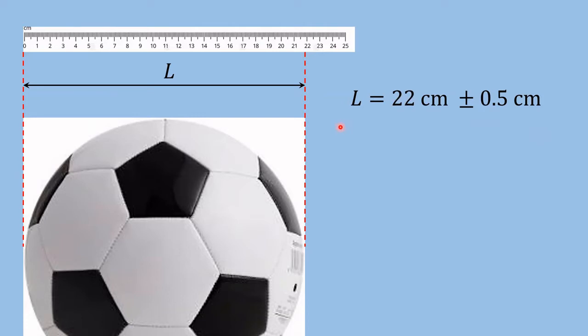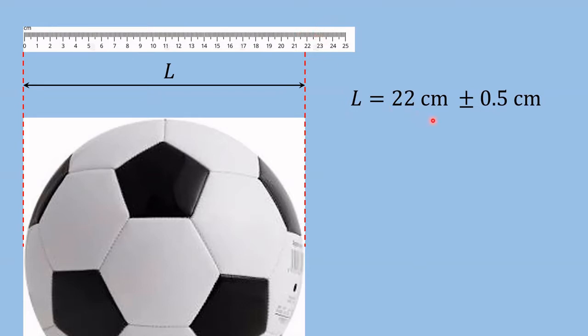So this statement is a way of writing succinctly that you're not sure exactly what the diameter of the ball is, because you can't know exactly with a ruler. You would need a more precise measuring device than just that. But you're very confident that the true value lies somewhere within 21.5 centimeters and 22.5 centimeters. In other words, 22 plus or minus half a centimeter. Hopefully you agree with that statement when you look at the picture here.